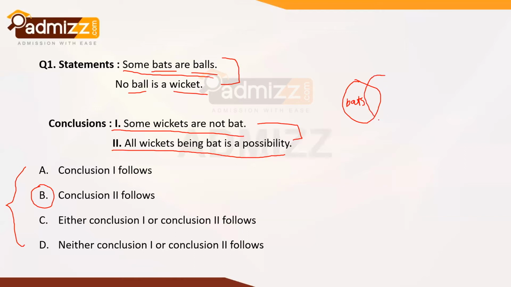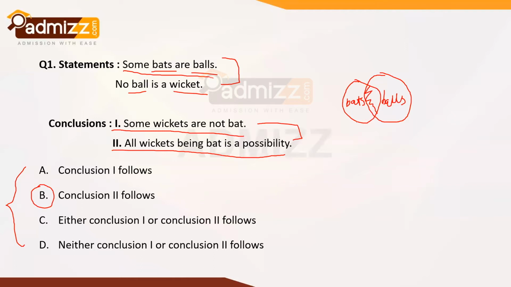So if we make another set of balls, they have to sort of overlap, right? Because some bats are balls, right? That's what this middle section implies. Now, what is also given is that no ball is a wicket. So the set of wicket and this particular circle do not overlap, right?